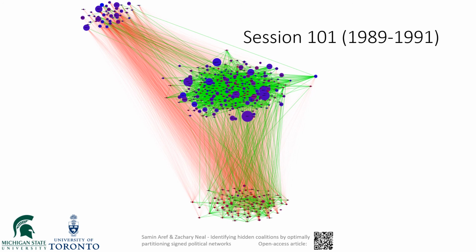The third coalition appears at the top, and in this session was relatively liberal, ideologically aligned with the majority coalition. The size of the nodes indicates each legislator's effectiveness. Notably, legislators in the third coalition at the top are much more effective than legislators in the majority or minority coalitions.